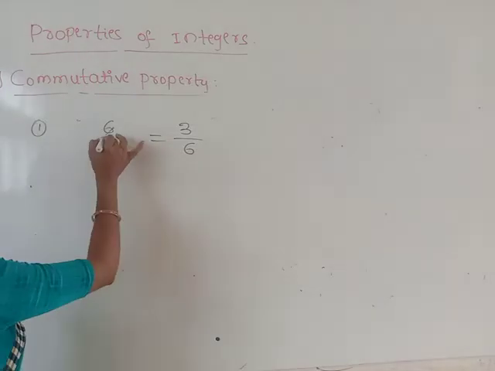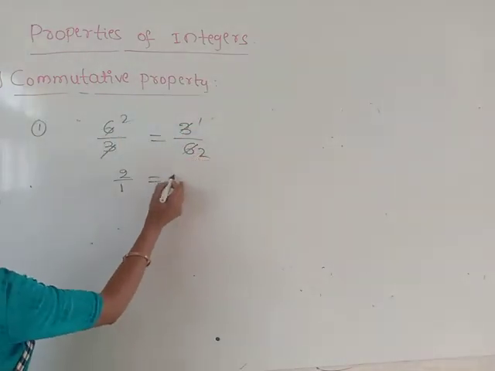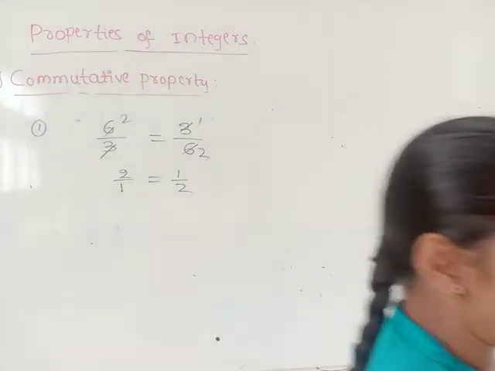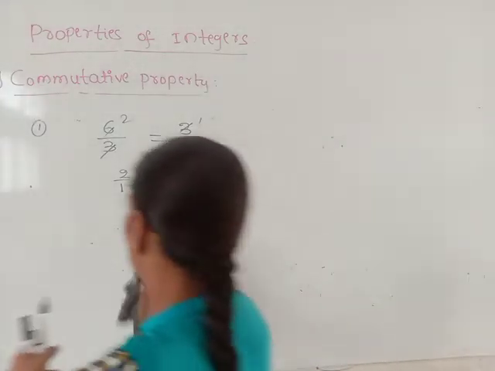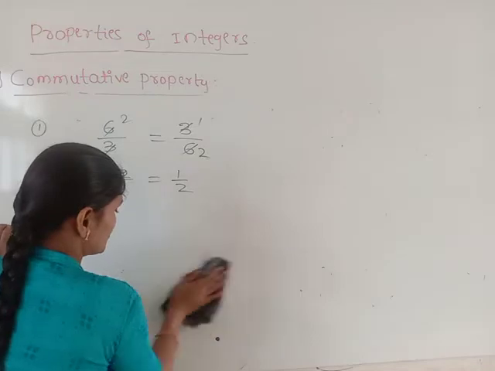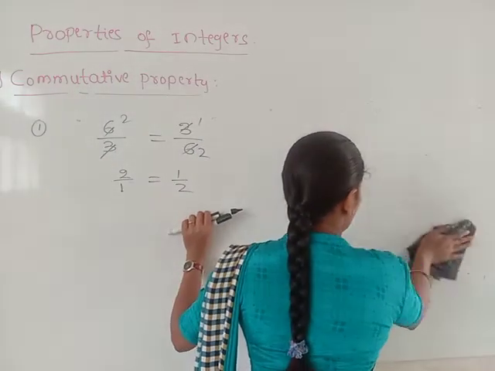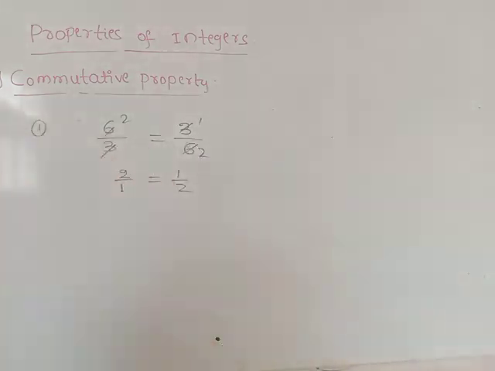Here 3 ones are 3, 3 twos are 6, so it is 2 by 1, and here it is 1 by 2. Whether 2 is equal to half. No, half is different, 2 is different. So both are not equal here. So for positive integers, the commutative property does not exist under division.